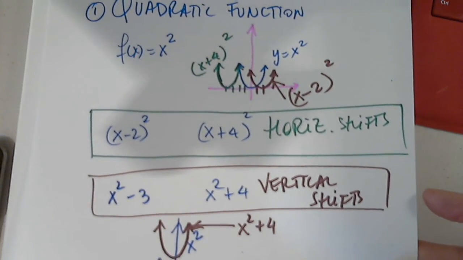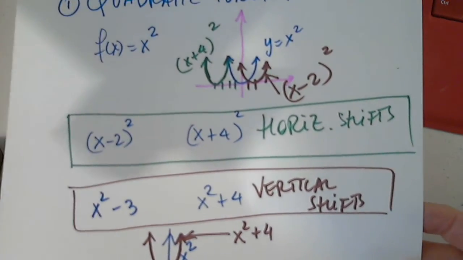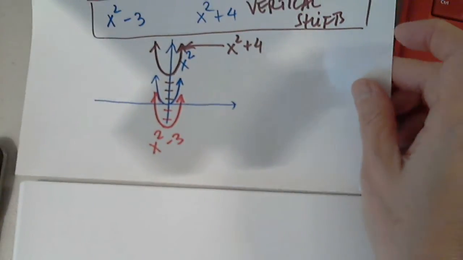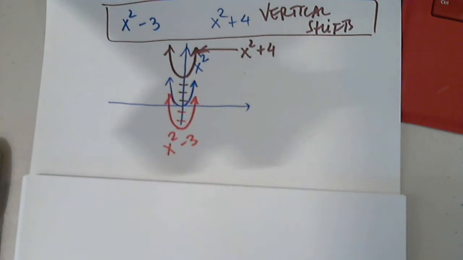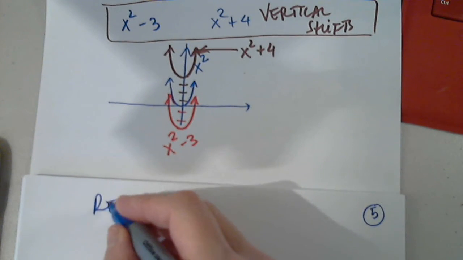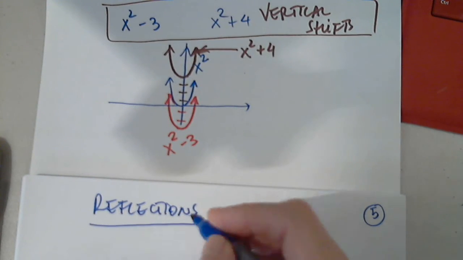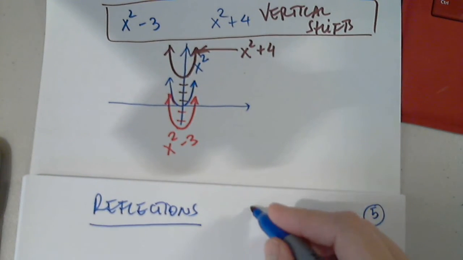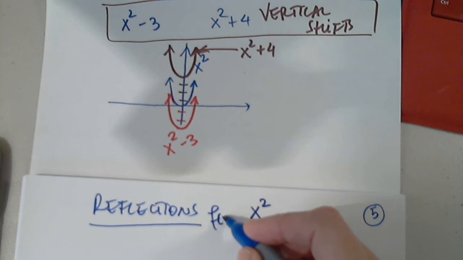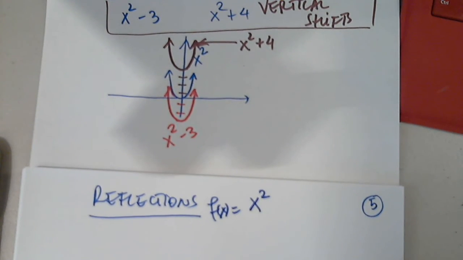What else I should mention here is reflections. Based on the same function, we are still talking about f of x equals x squared. The only reflection that I can present here is what is called negative x squared.